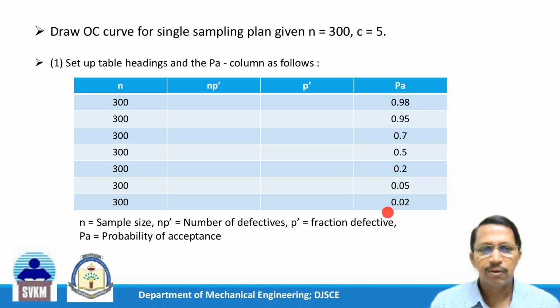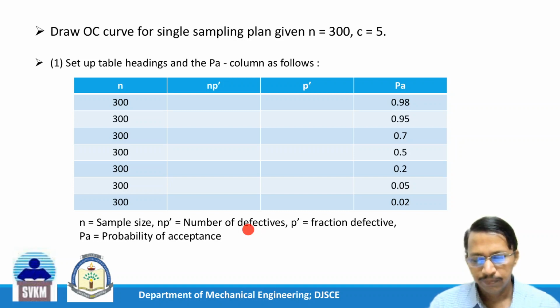You can add one more, 0.01 and so on. So around we want 8 to 10 points to get a smooth curve for this purpose. Here in this case, all these things are well defined. Sample size, NP dash number of defectives, P dash fraction defective, PA is the probability of acceptance.